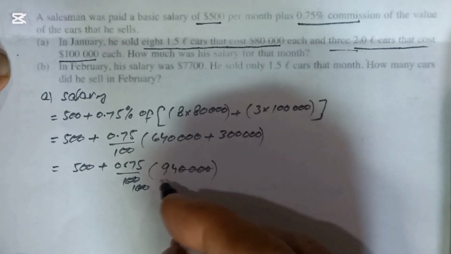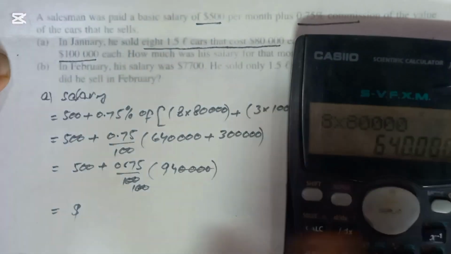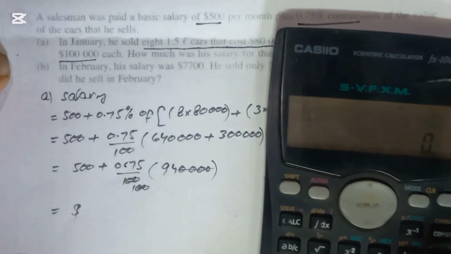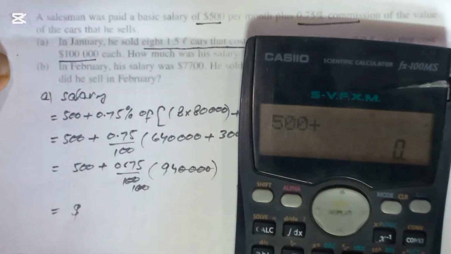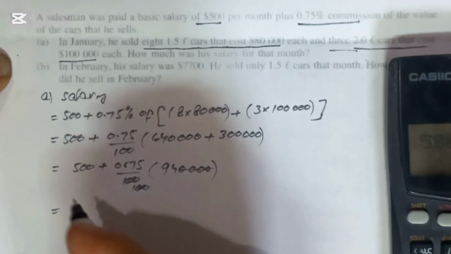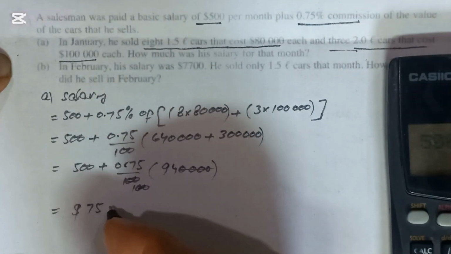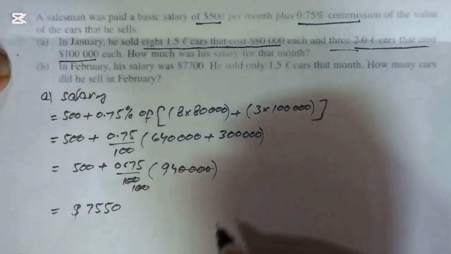You just solve this on the calculator. Okay, now the final answer by using the calculator will be 500 plus 75 into 94, which will be equal to 7550. So this is the salary for that month.